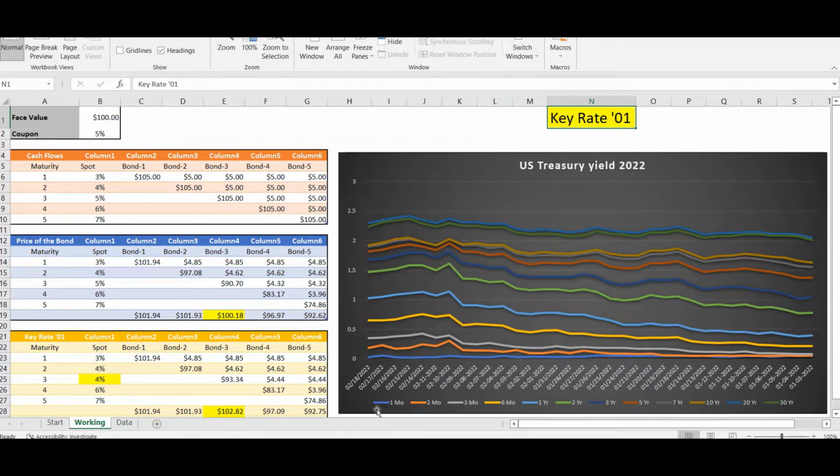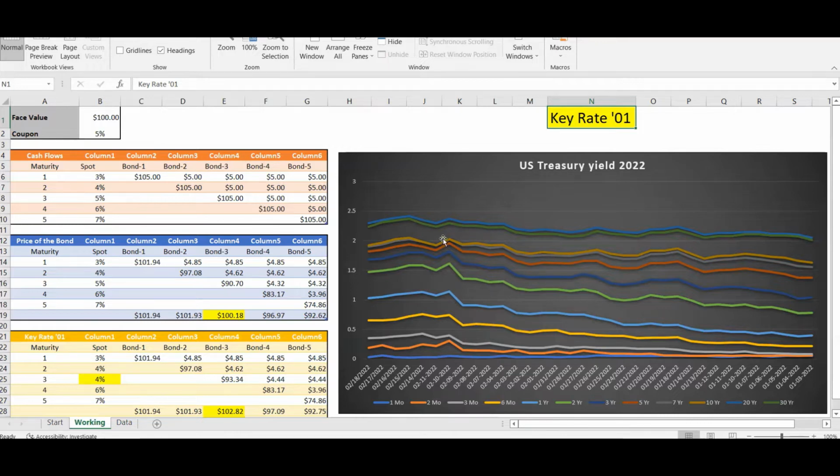When you calculate DV01 or the normal duration, you bump up or bump down your 1 month rate and 10-year rate by 1 bip, which is a very unrealistic assumption, because there could be an instance wherein short-term interest rates move higher than long-term interest rates or vice versa.